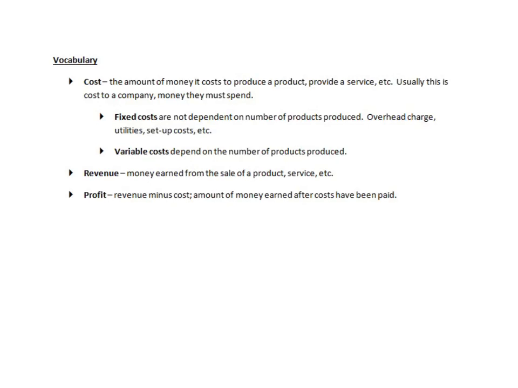We have fixed costs, and these would be the same for the company regardless of whether they produce 10 products or 1,000 products. So you might have an overhead charge or utilities, the rent of your building, setup costs, things like that. Variable costs would be the costs that do depend on the number of products produced.